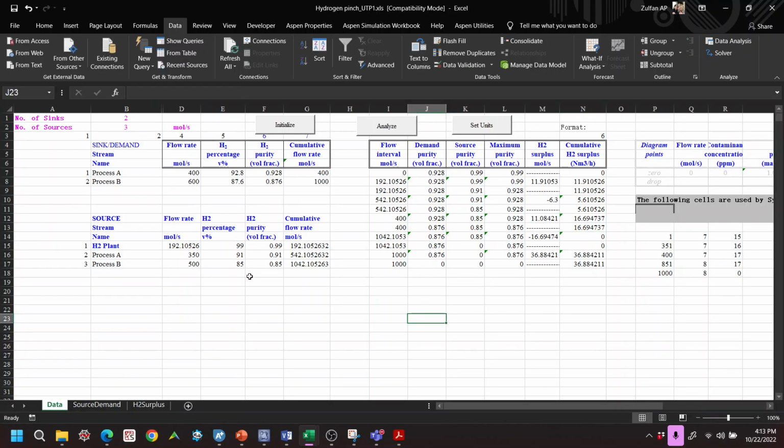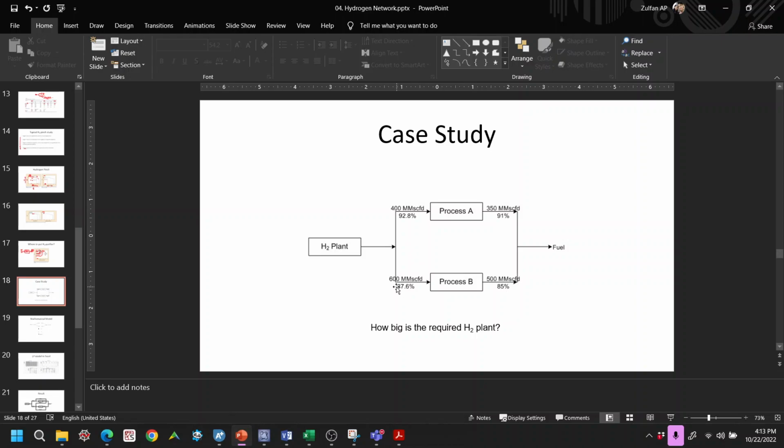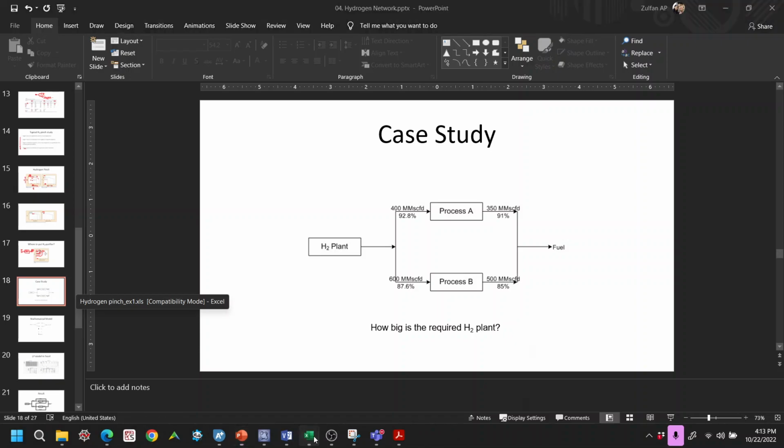So in this case, we need to have 192 of hydrogen stream as opposed to 400 plus 600. You can see that. So that's basically the target. But how is that possible?